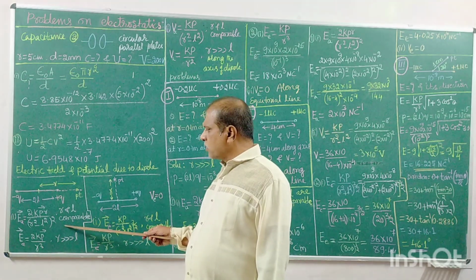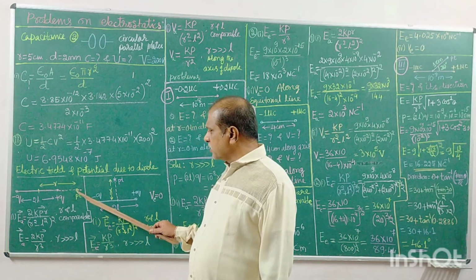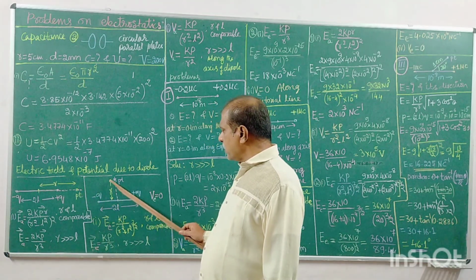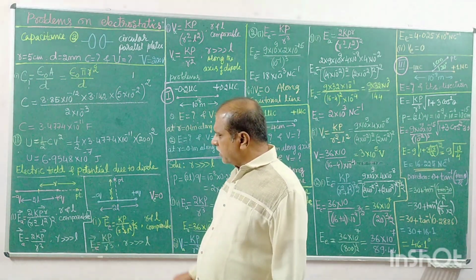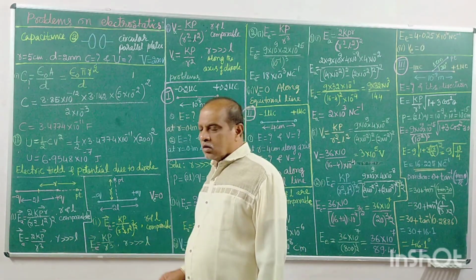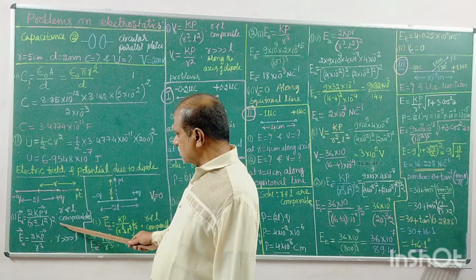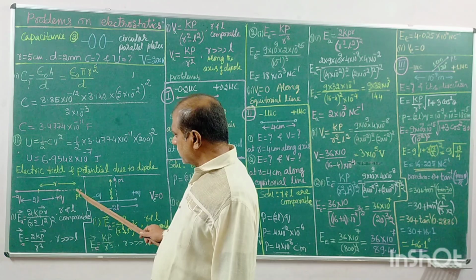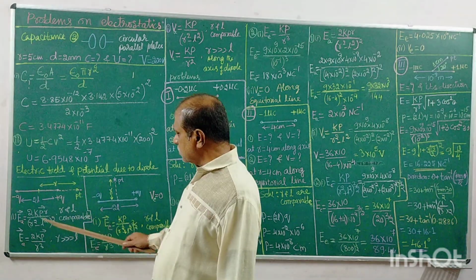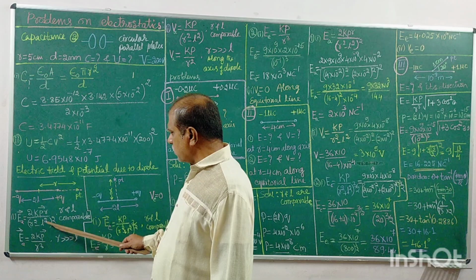Now recall the formula for the electric field at this point and at this point. This is the formula we derived in the previous class, for the electric field at this point: 2kpr divided by (r square minus l square) whole square.